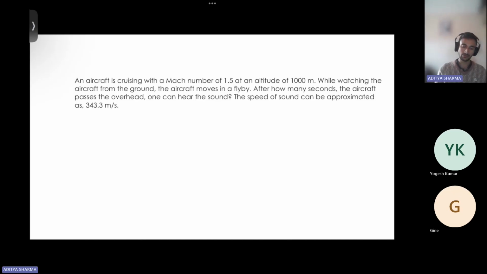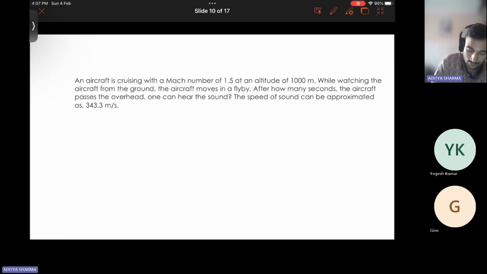An aircraft is cruising with a Mach number of 1.5 at an altitude of 1000 meters. Just wait a second.